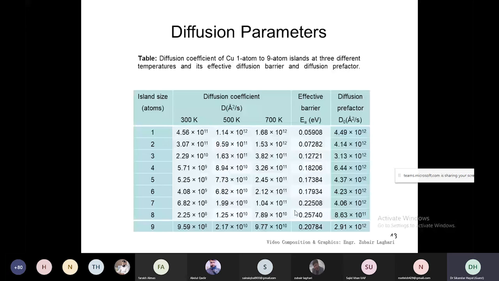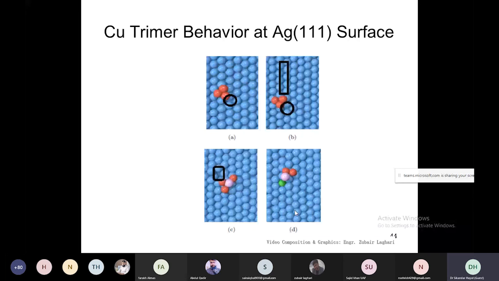Copper trimer behavior on the silver surface. We saw that in the presence of the copper, there are some fissures and dislocations. Tensile dislocations are appearing on the surfaces due to the weight of the island. On the other hand, the copper-silver bondings overcome the silver bondings, and that's why the silver atoms stretch a little bit towards the island.